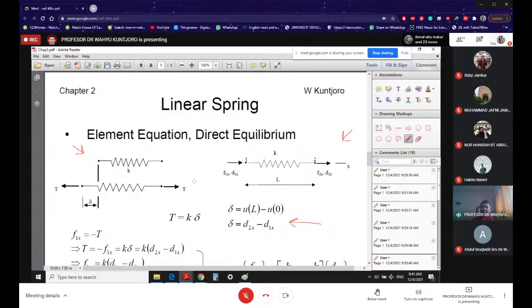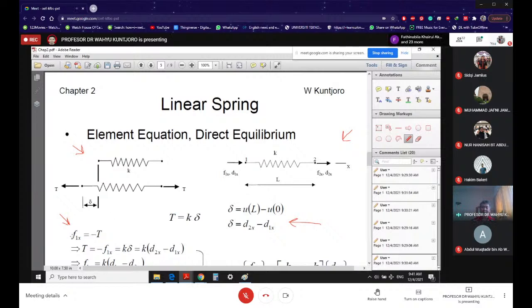If I apply the force, then that force is going to be the same force that you have here on your finite element model. So F2x is going to be positive T. But F1x, look at the direction compared to this direction, then F1x must be minus T. I hope you agree with me.